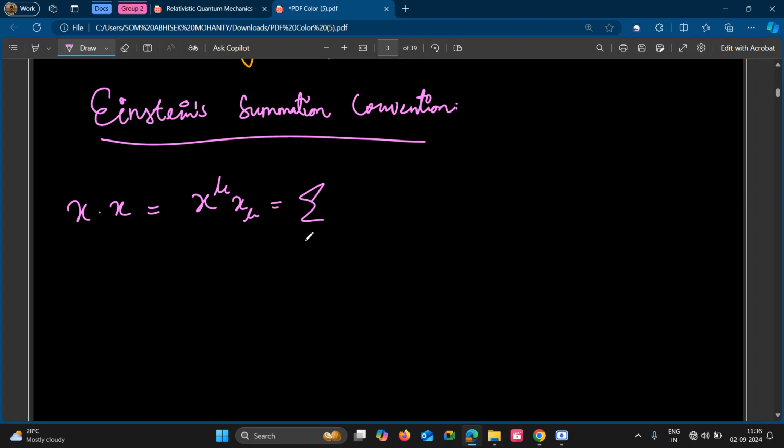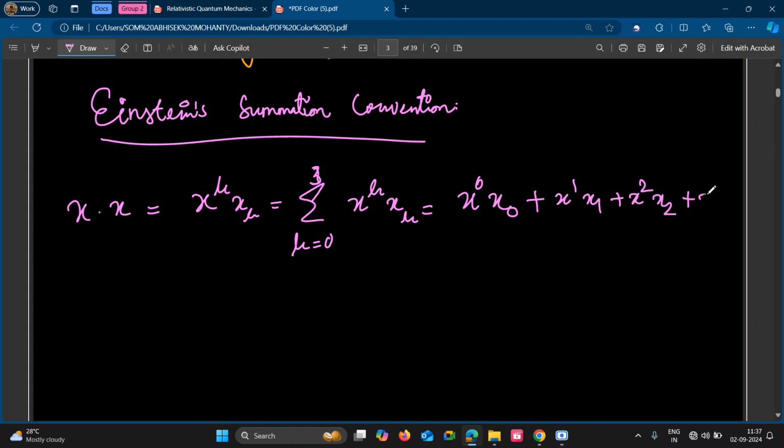So I can write it as x0 x0, x1 x1, x2 x2, and x3 x3. We know this as ct and ct.